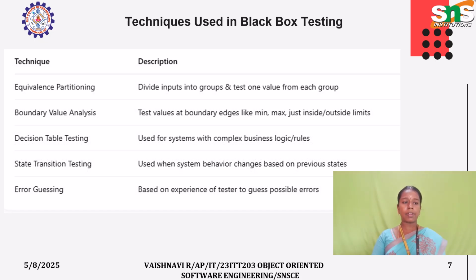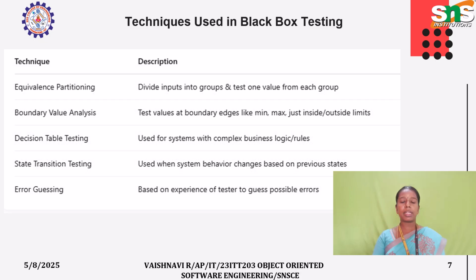First one, equivalence partitioning. In equivalence partitioning, you divide the inputs into groups and test one value from each group. In the second technique, boundary value analysis, we have to test the boundary values, like the minimum value and maximum value, and whether it is inside or outside the limits.